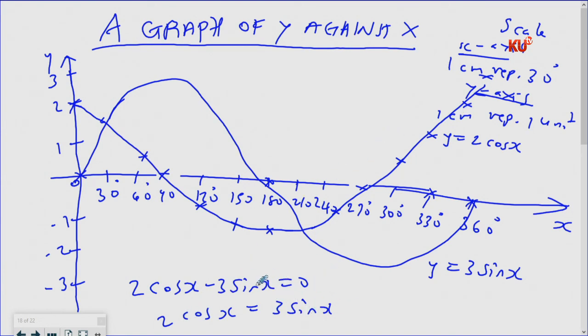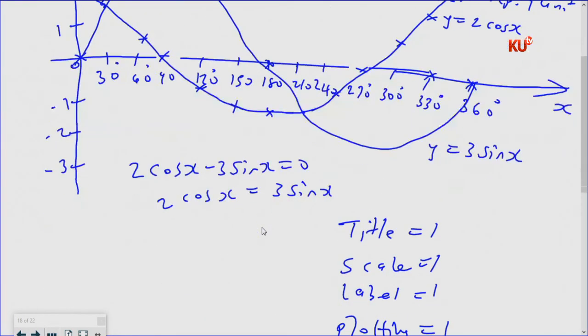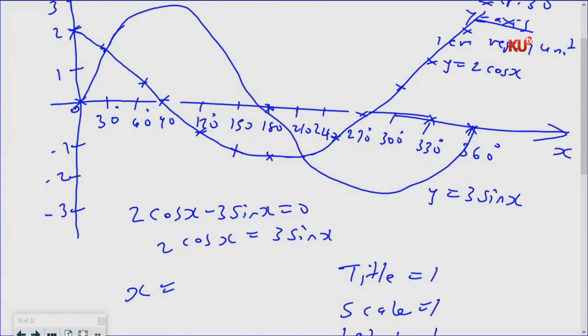So that means the point at which the first curve is equal to the second curve is the point at which the 2 curves are intersecting or meeting. As you can see, these curves are meeting at this particular point. So you need now to give your values. x will be equal to the first point.